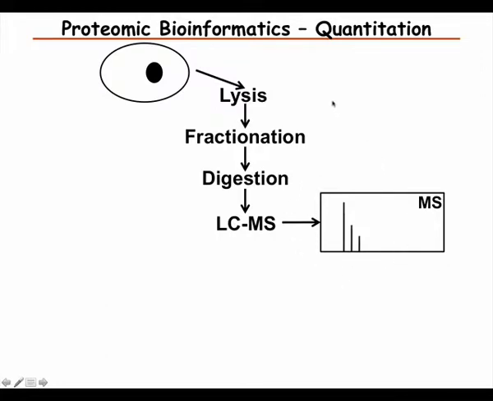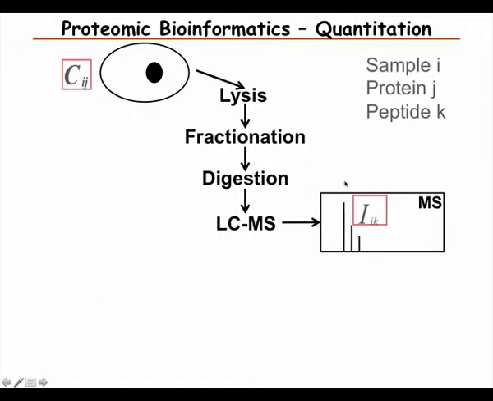And so what we do measure here is peptide intensities. And from that we want to deduce what the protein concentration is in our cells. So what we have here is that we have intensity of a peptide and we want to know the concentration of the protein in a certain sample I in this case.